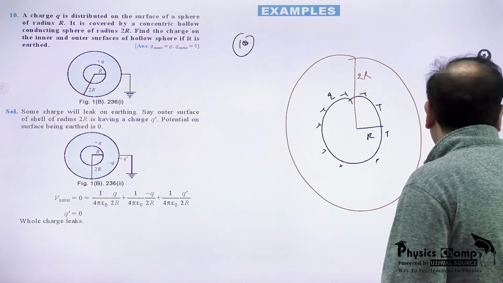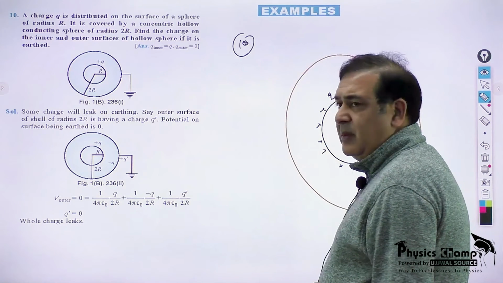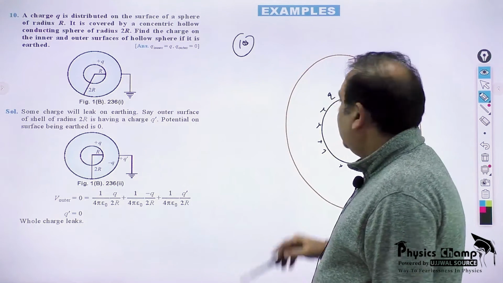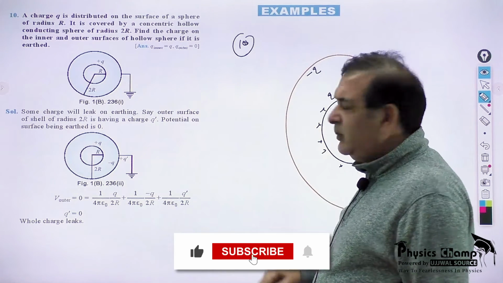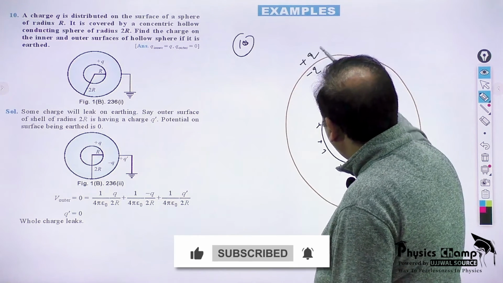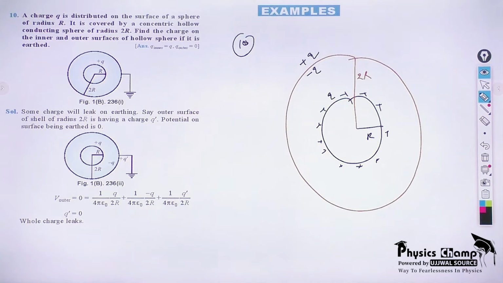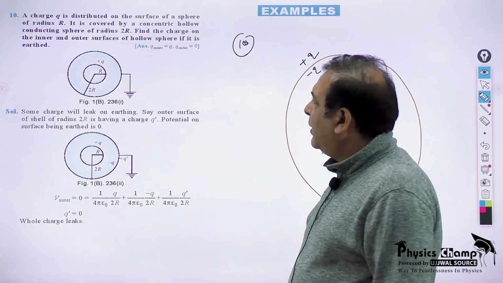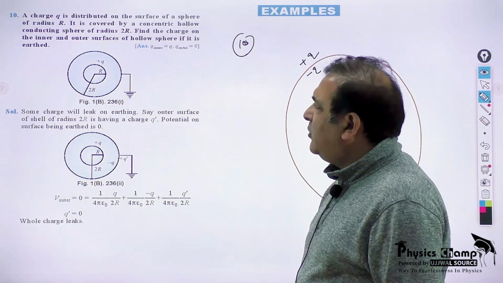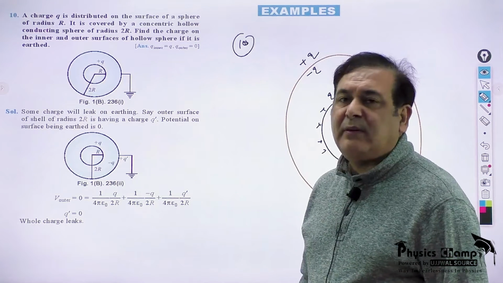Due to induction, the inner surface of the shell will have a charge minus q and the outer surface will have a charge plus q, if nothing else is provided to the outer. Find the charge on the inner and outer surface of the hollow sphere if it is earthed.